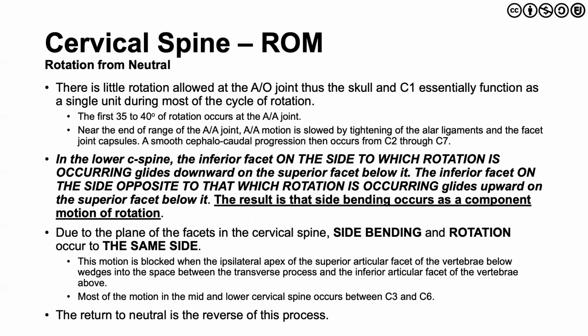So let's look at rotation for just a second. I recognize this is a fairly word-heavy slide, but we'll do our best to try to break it down in a more digestible fashion. If we start from the top, there is little rotation that really is allowed to occur. It's more of an accessory motion at that A, O, or atlas occipital joint.